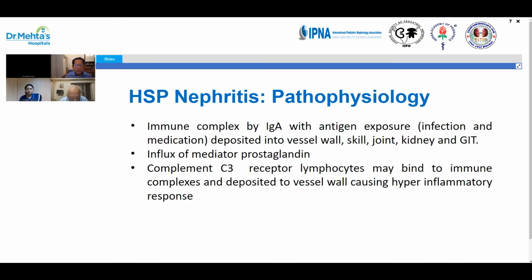So what happens pathophysiologically? Immune complexes of IgA with antigen exposure after infection are deposited in the basement wall, skin, joint, kidney and GIT, with influx of mediators and activation of complement, giving rise to inflammation.